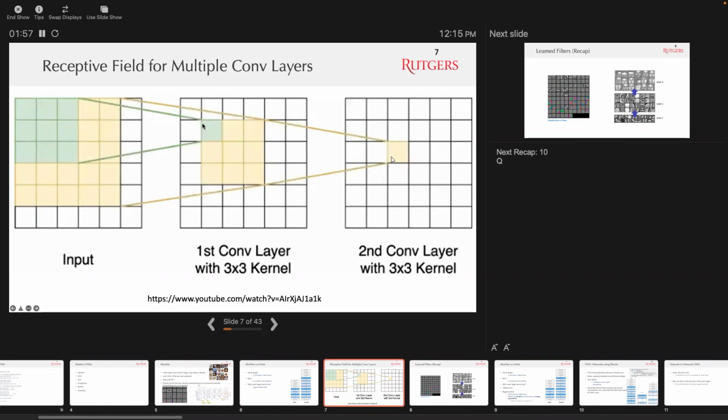But if you stack multiple layers of convolutional neural network, that will give you a larger receptive field. For example, here, let me bring out the laser. If you're here, then your receptive field in each pixel is no more 3 by 3. It's now 5 by 5. So you get a larger receptive field by having more layers.